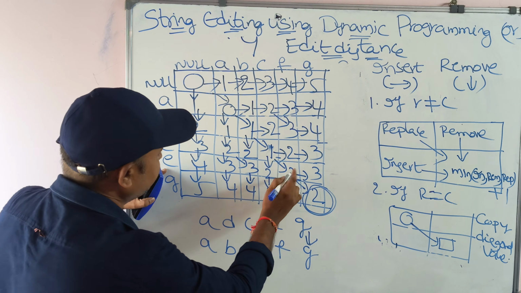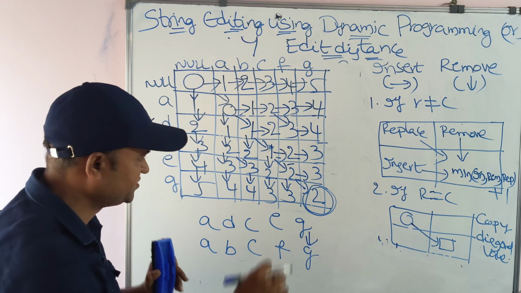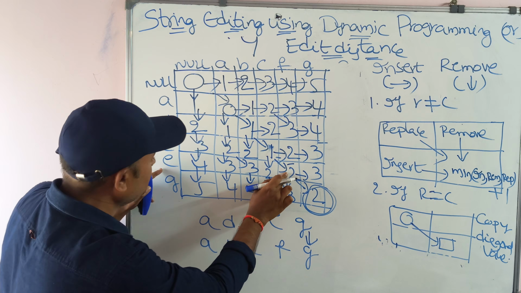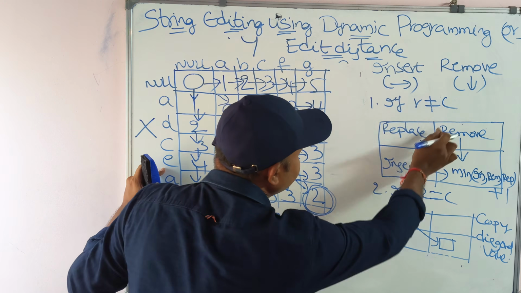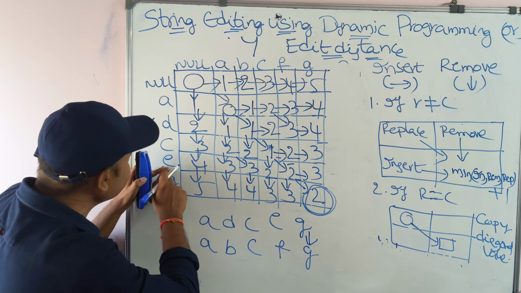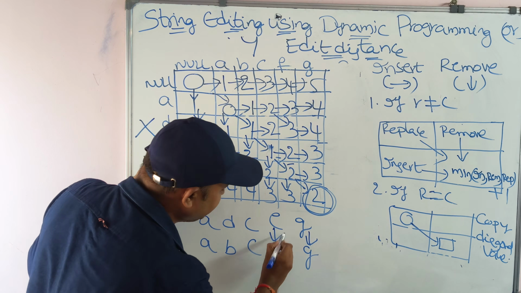Now let us check the characters: E row, F column. Different characters. So let us check the arrow. The arrow is diagonal. If the characters are different, then the diagonal arrow represents replace operation. So replace E by F.